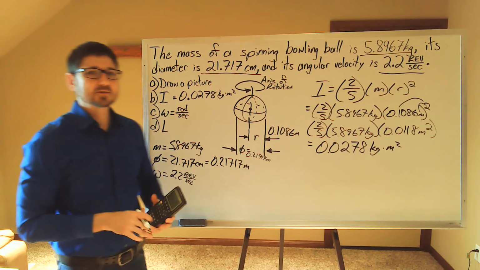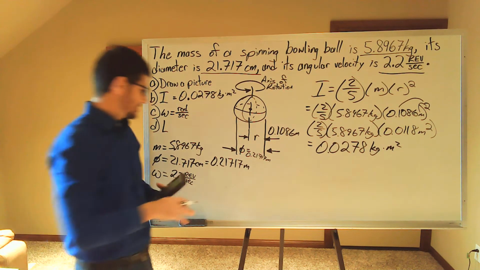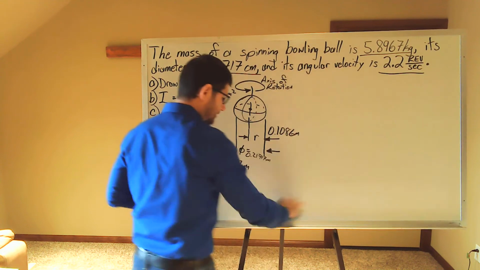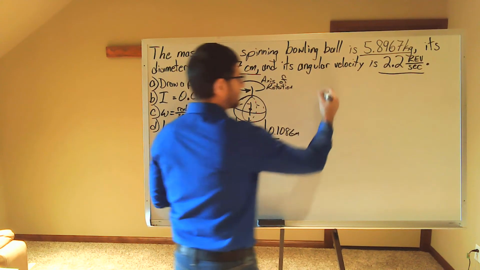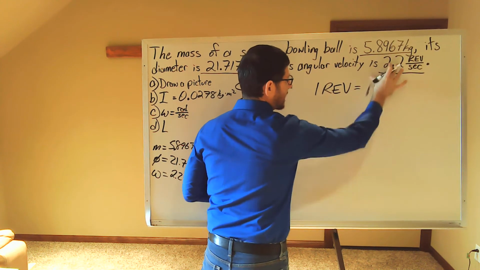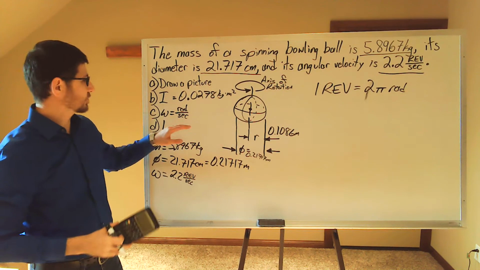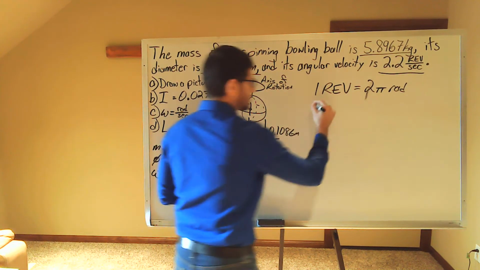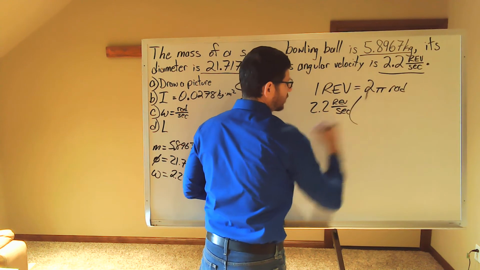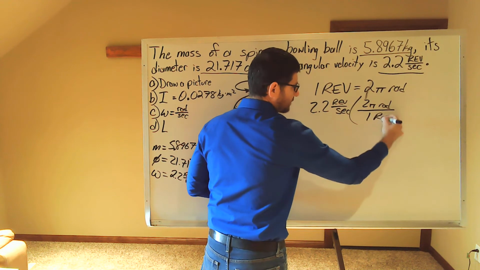Now in part C, it wants us to convert from units of revolutions per second to units of radians per second. So we're going to have to use some dimensional analysis here. We know that in 1 revolution, we have 2 pi radians. So we're starting at 2.2 revolutions per second, and we're going to multiply by 2 pi radians for every 1 revolution.